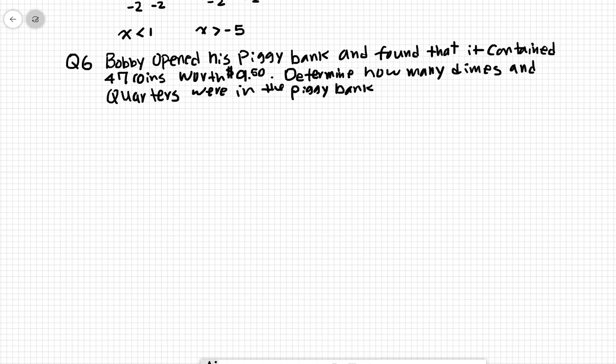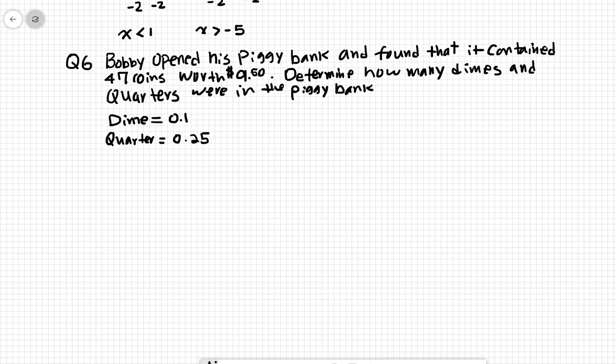Okay, so here the dime is 10 cents. That's 0.1, right? So we're just going to write the dime is equal to 0.1. That's the 10 cents. And the quarter is 25 cents, so we're just going to say 0.25.